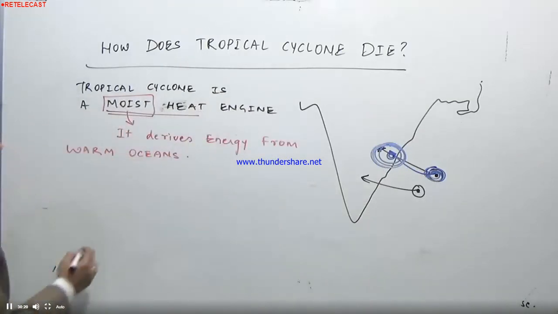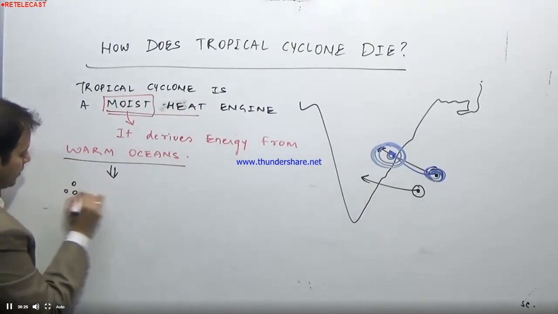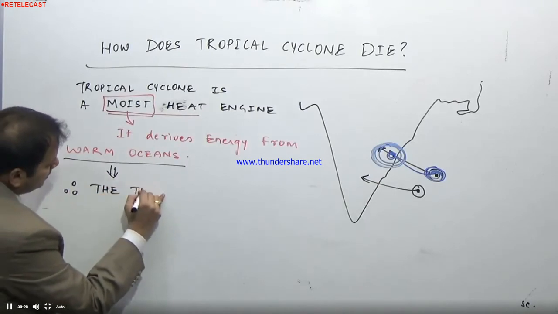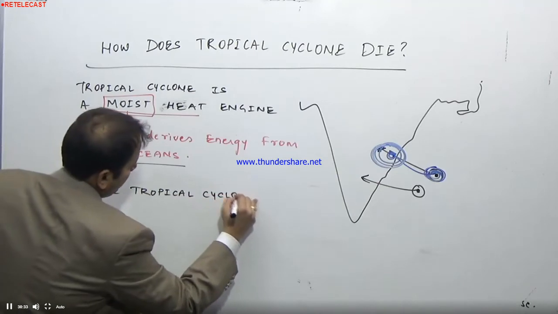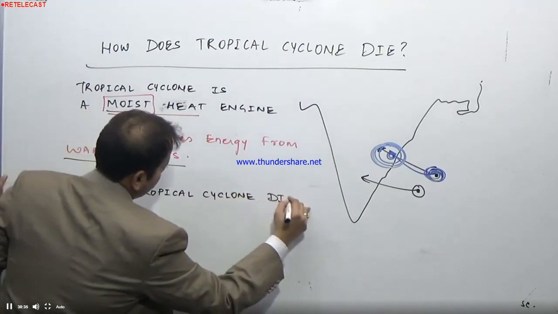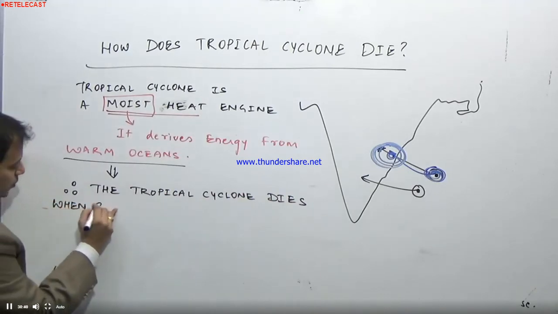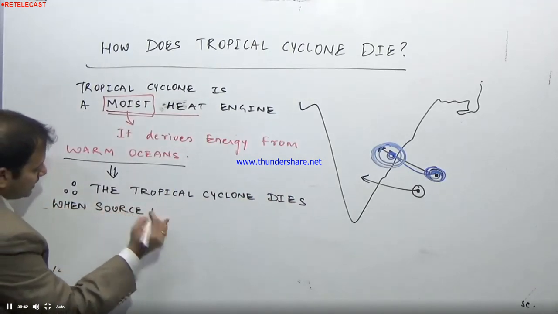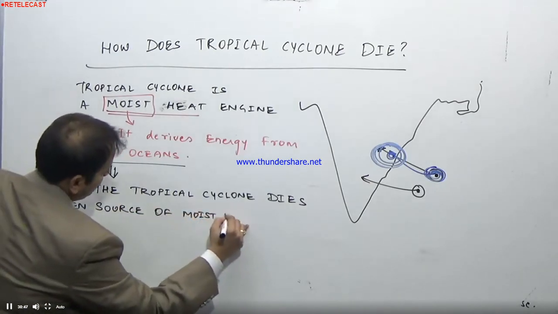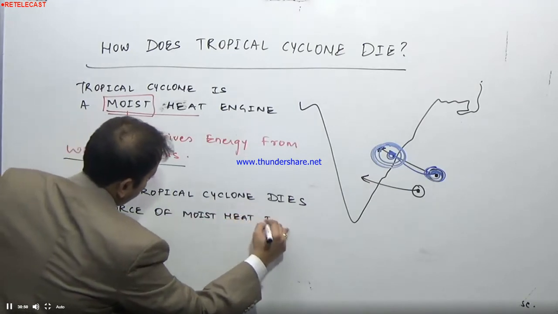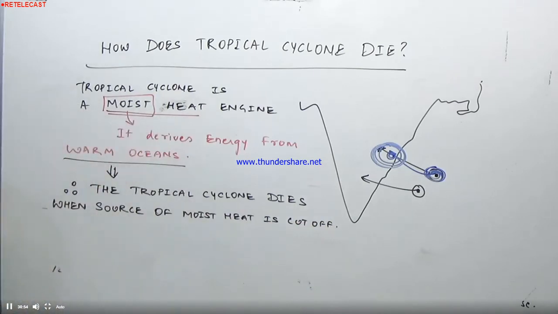The tropical cyclone, therefore, dies when the source of moist heat is cut off.